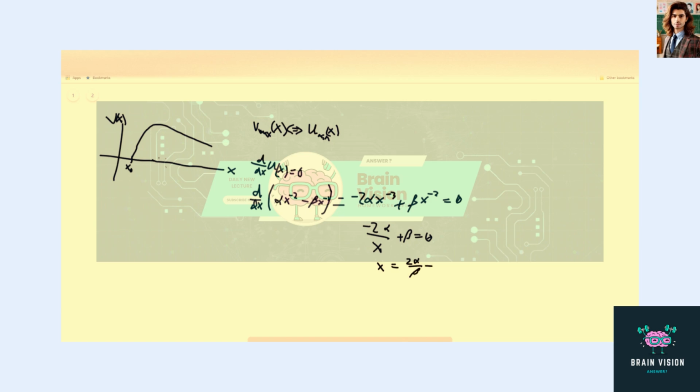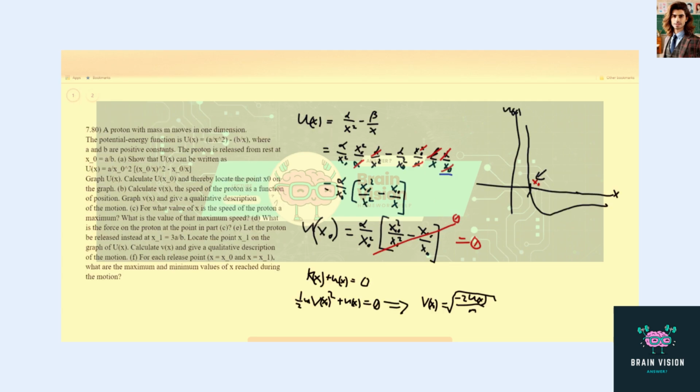And surprisingly, or maybe not, this is equal to 2x naught. So apparently, this point here is 2x naught when it's at a maximum. Okay, so that's interesting.